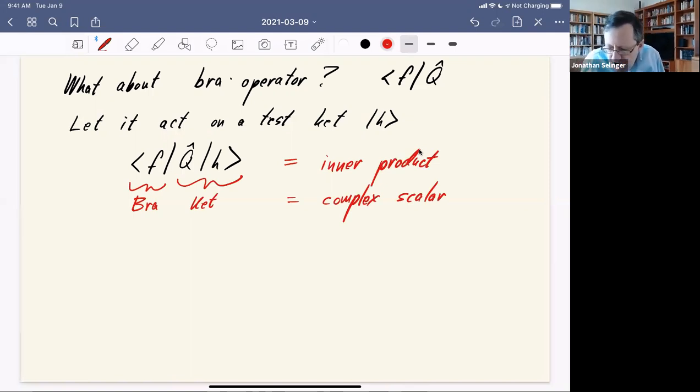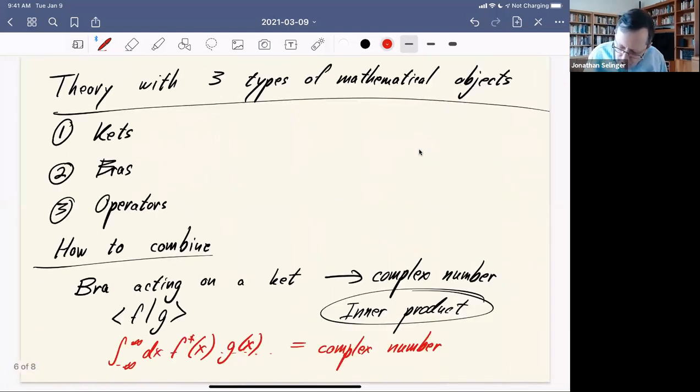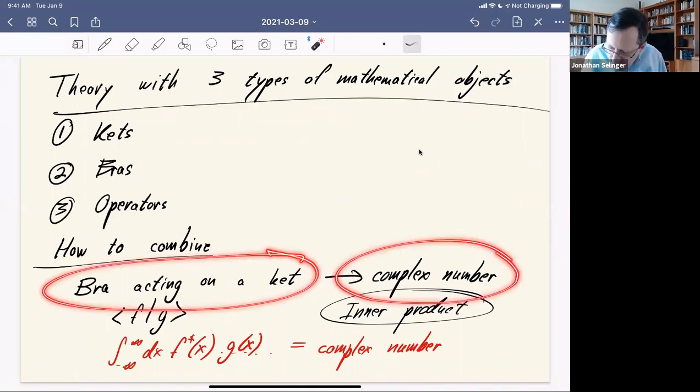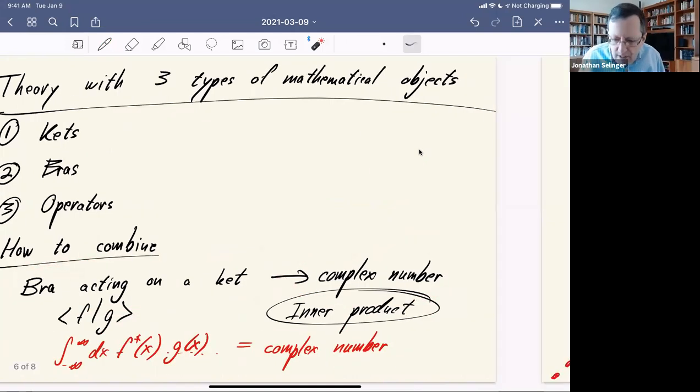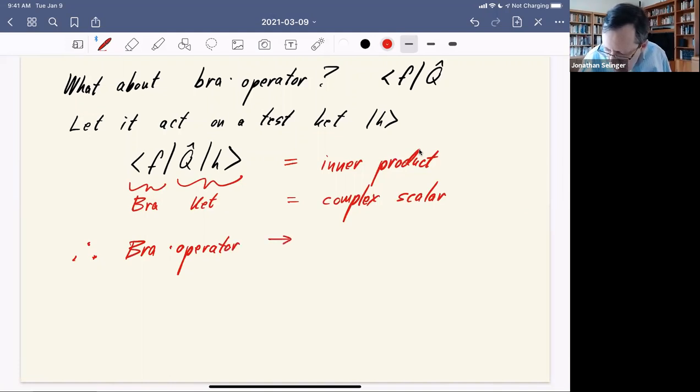That's the same thing that a bra does, right? A bra acting on a ket produces a complex scalar. So therefore, a bra operator is a bra.